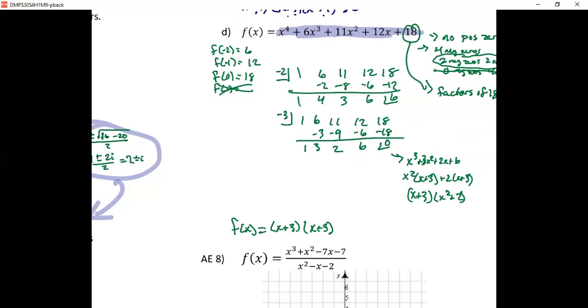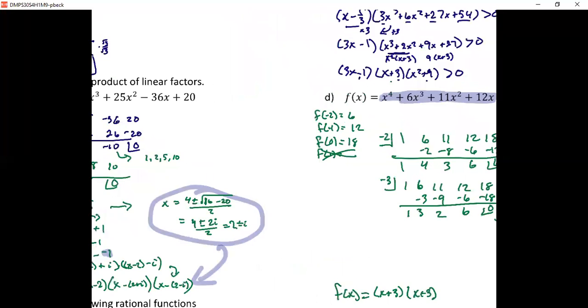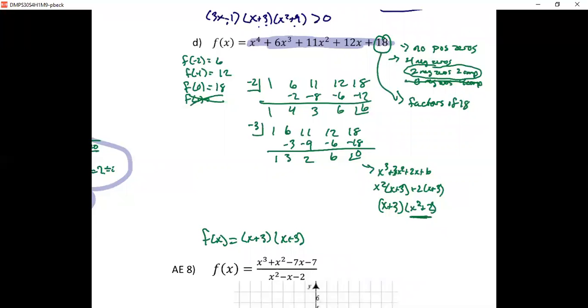Now, how do we take x squared plus 2 and write that as a product of linear factors, which is what we're required to do, because x squared plus 2 is quadratic. This is where, once again, I'm going to be a little creative and say this is x squared minus -2. So the square root of the first is x. And then we'll take the square root of -2.